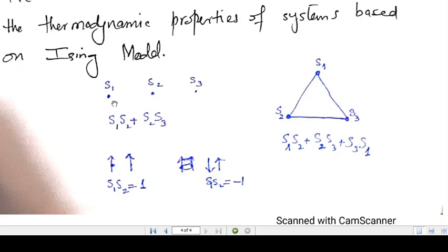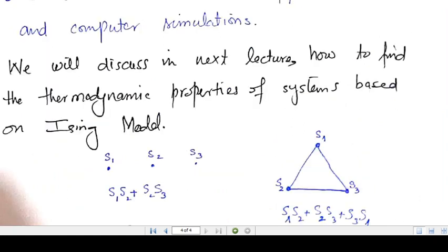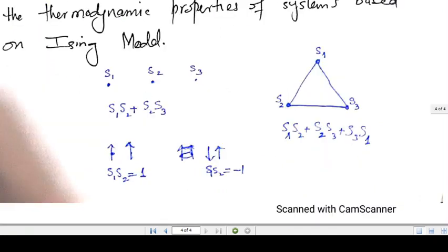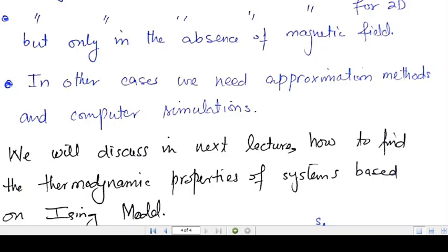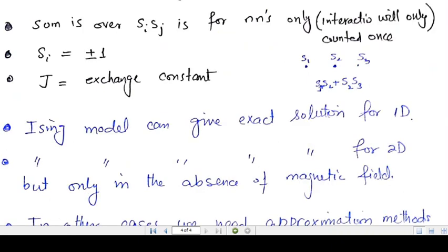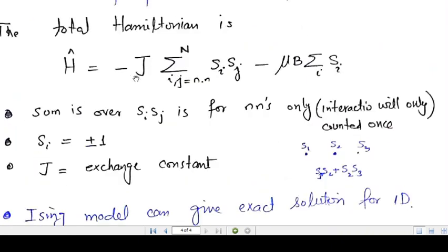So for this case, if there are only three spins, then you can write this summation as minus J times (S1 S2 plus S2 S3). And similarly, if you have four spins, then you have to add another term as well.